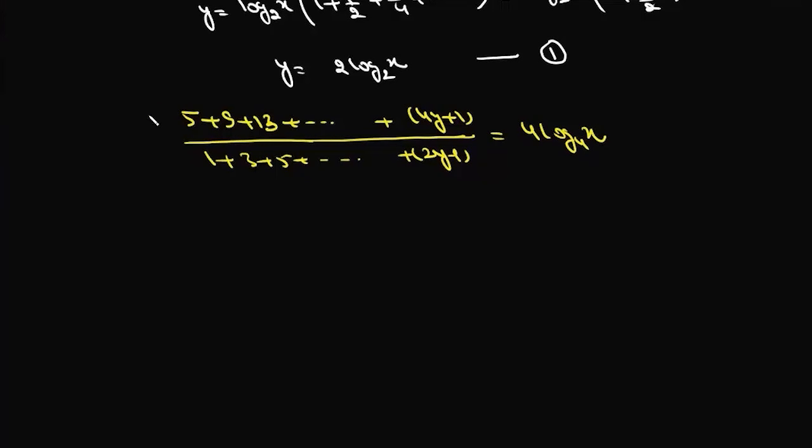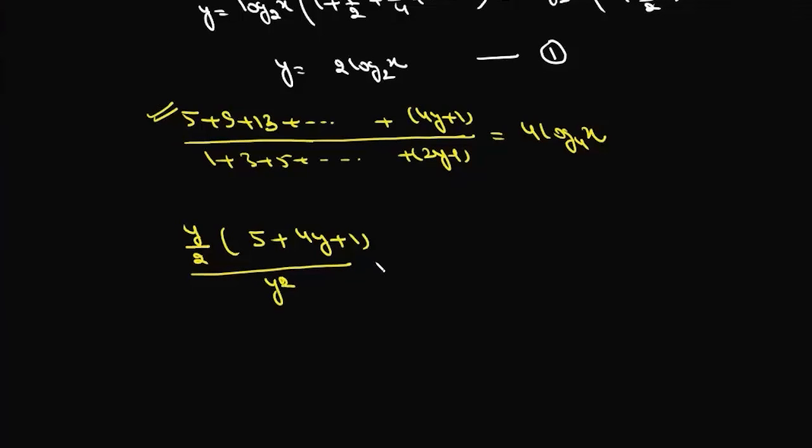Now this first sequence is an AP with common difference of 4 and number of terms y. So its sum will be y by 2 (a plus l), which is 5 plus 4y plus 1, and here it is sum of first odd numbers and total number of numbers is y.